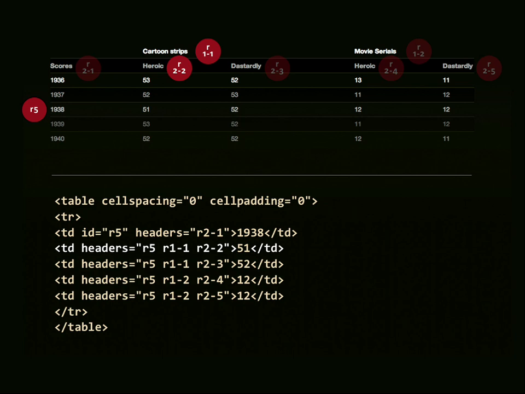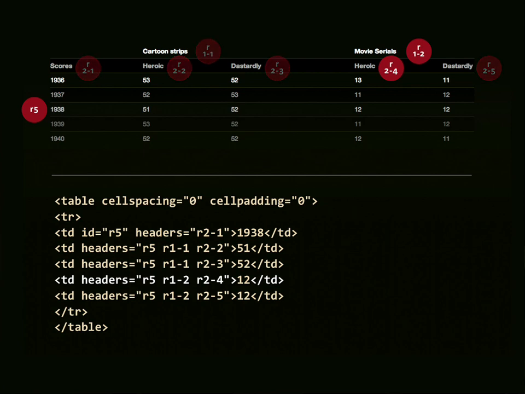But by associating that number with other header identities, those relationships are precisely defined. There were 51 heroic deeds in 1938, and those deeds were shown in cartoon strips. The same principles apply to every cell in this table, explicitly defining the precise relationships between the data and headings.